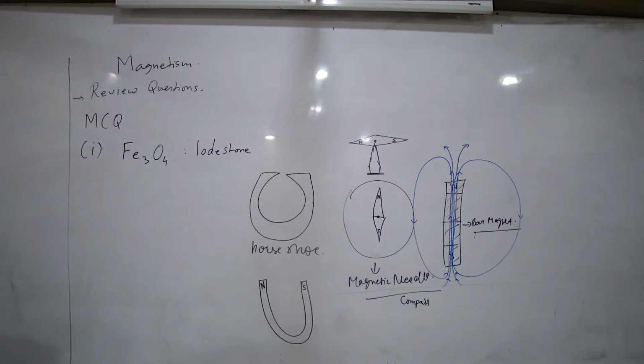Whose turn? There are a few things that we should not do. So what is the effective length of the magnet? That is the distance between the two poles.